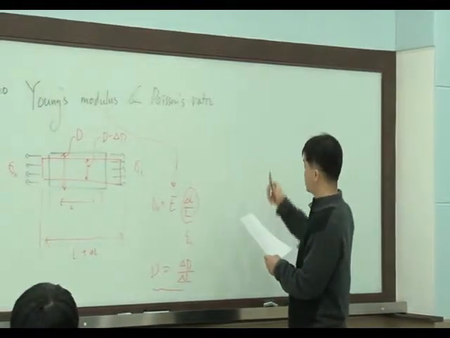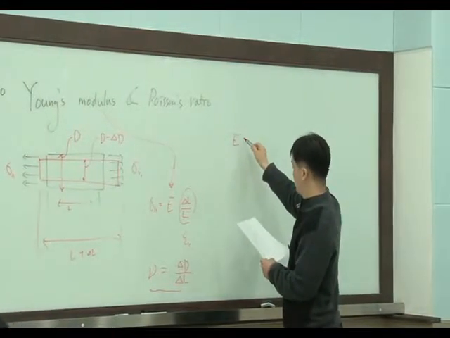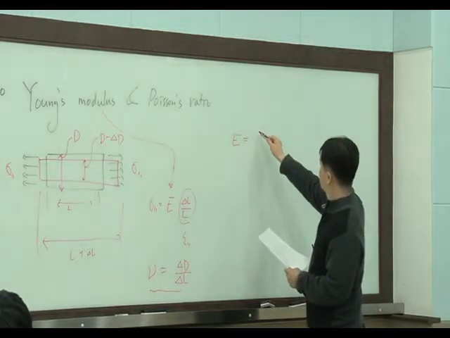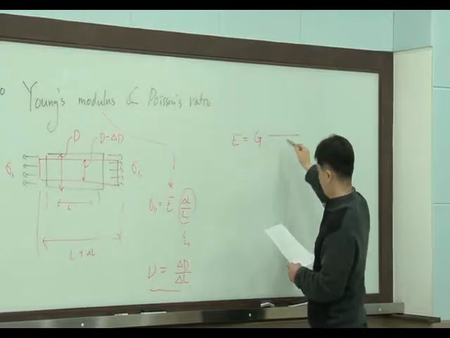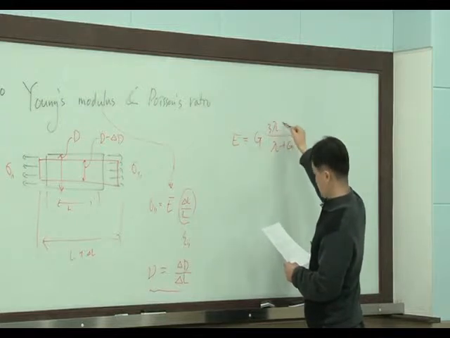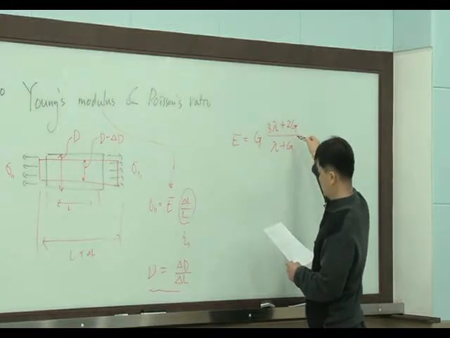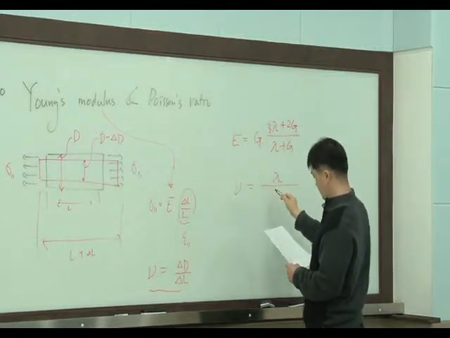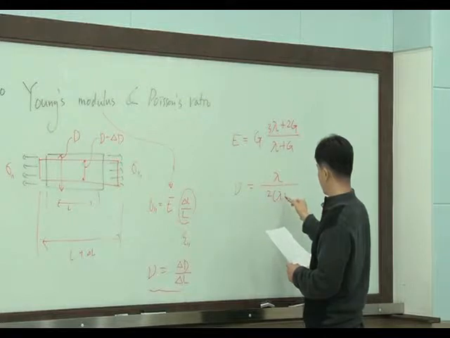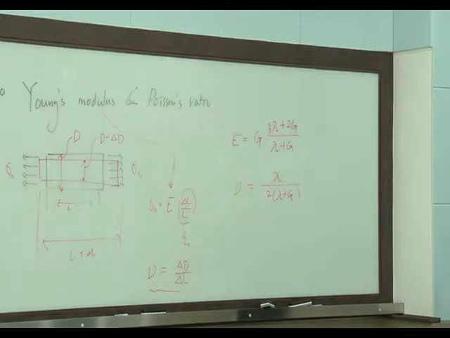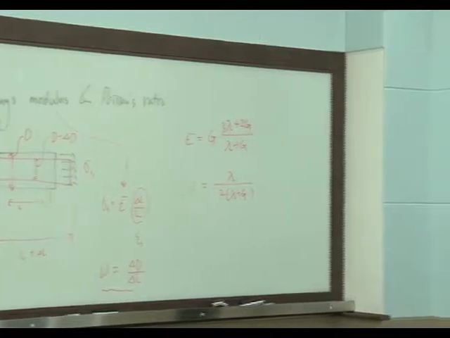And Young's modulus can be represented by G and lambda: G times 3 lambda plus 2G, over lambda plus G. And Poisson ratio equals lambda over 2 lambda plus G. This is the relation between lambda, G and Young's modulus and Poisson ratio.